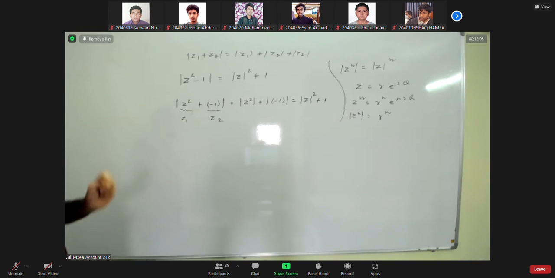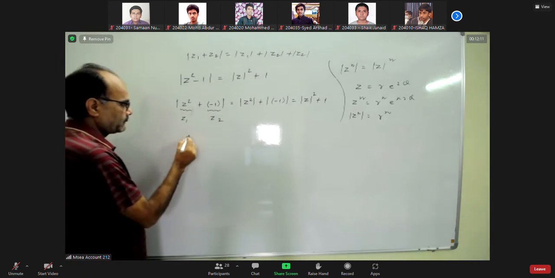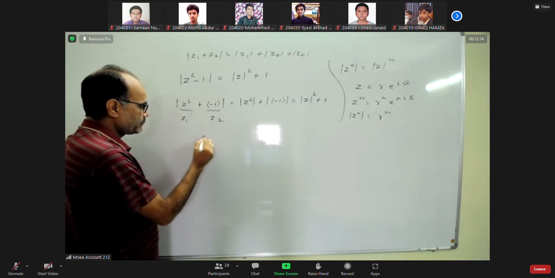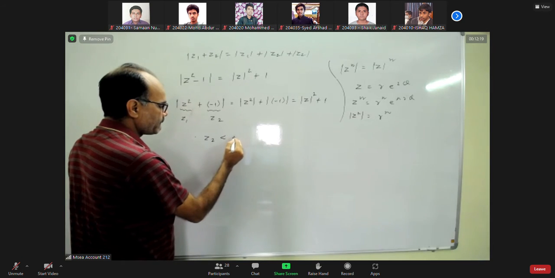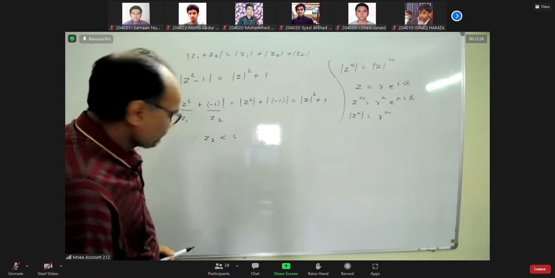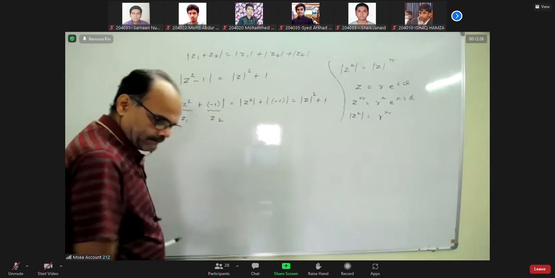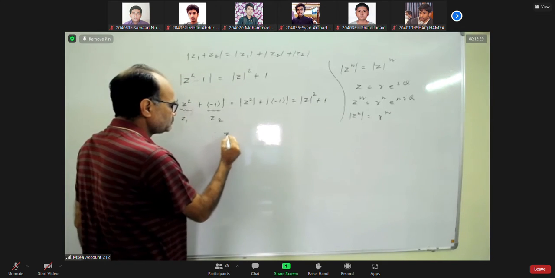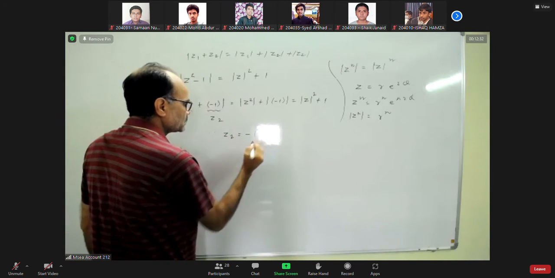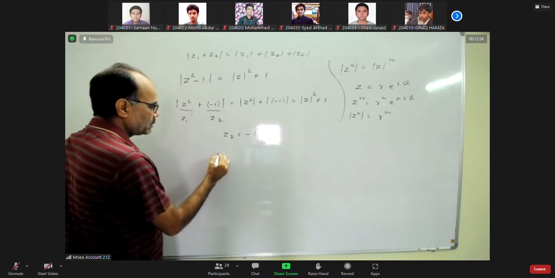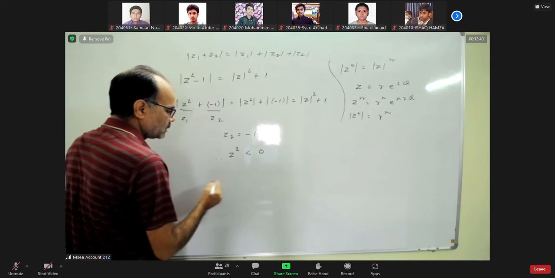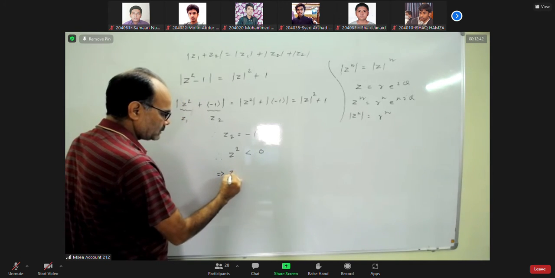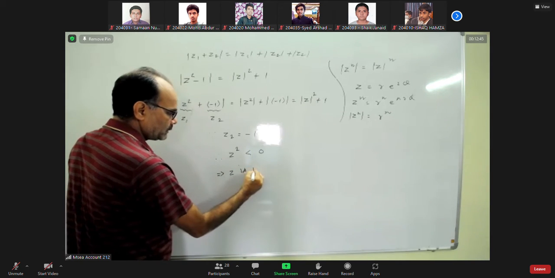Here z2 is negative, so z square is negative. z2 equals minus 1. Therefore, z square is negative, which implies z is purely imaginary.